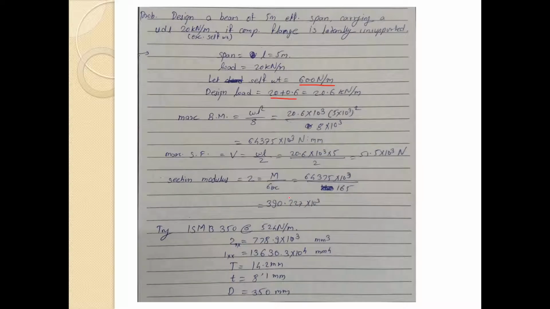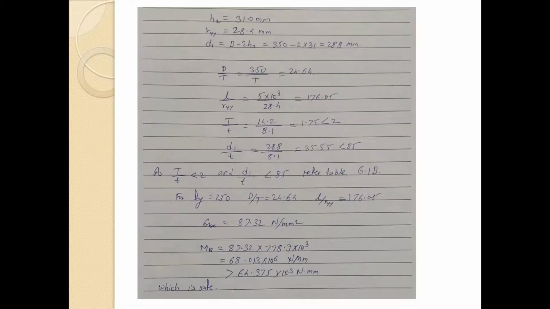So we required the section modulus 390, but we are choosing the bigger section. So this is 778.9 into 10 raised to 3, and remaining values are like this. This is the thickness of flange, this is the thickness of web, this is overall depth, then h2, ryy and d1 have been given over here. So D minus 2h by 2, that is d1, we have calculated.